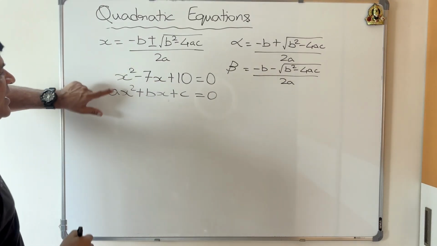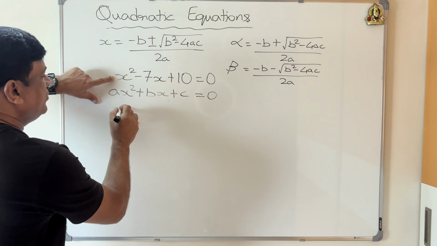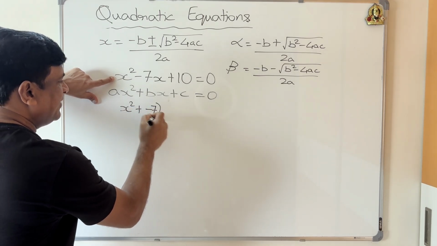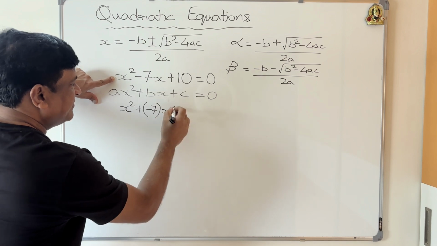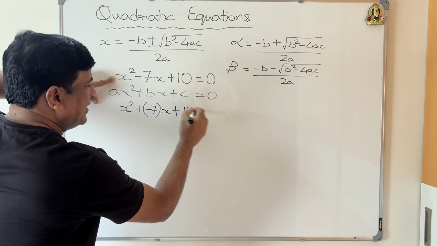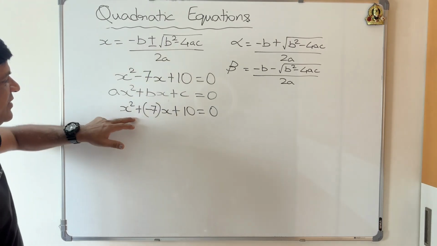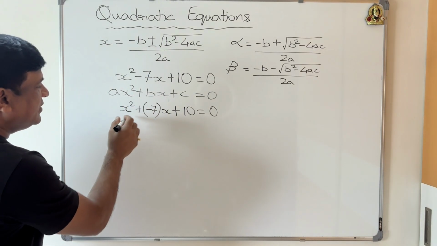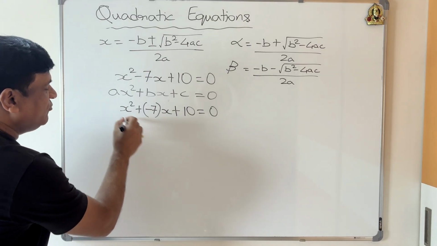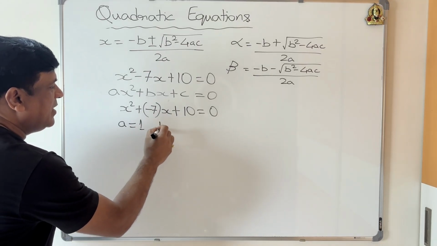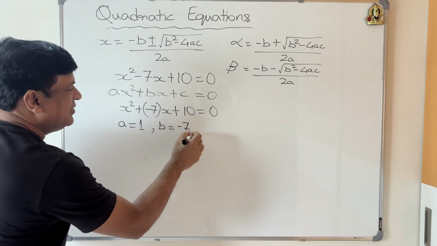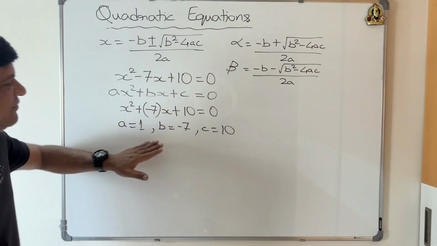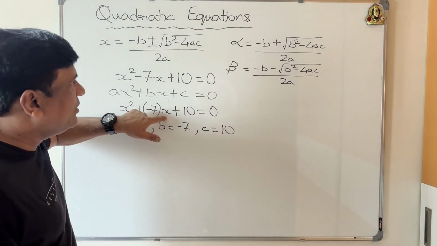So bring this one into the general format. How can I do that? Ax square plus of minus 7 times x plus 10. Did I bring it into the general format? Everything is plus over here. So I can safely assume that a is equal to 1, b is equal to minus 7, and c is equal to 10.